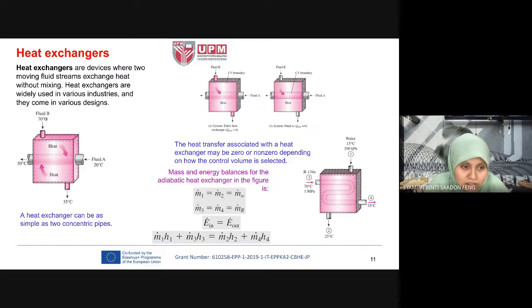Okay, because fluid B is at a higher temperature, 70 degrees Celsius, and fluid A is at 20 degrees Celsius. So remember the heat transfer process is always from the higher temperature fluid to the lower temperature one.